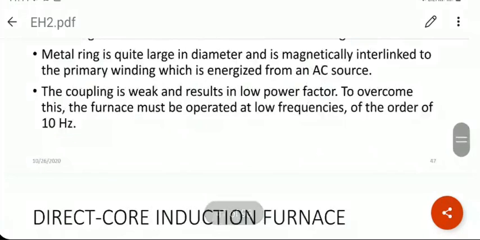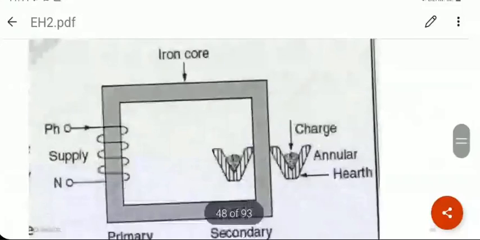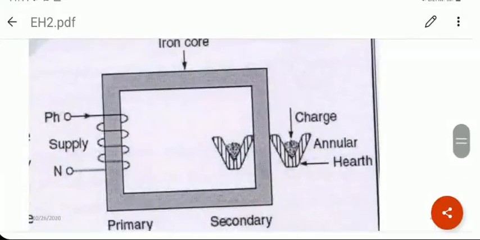I'm trying to give you a picture of how these things are implemented. Here is one example. Primary coil is on the left side and the core is in between. We are showing the cross section of the core. And now on the secondary side, you have a container containing the material to be heated. And that container is connected physically to the core. The heat produced is transferred to the material to be heated.